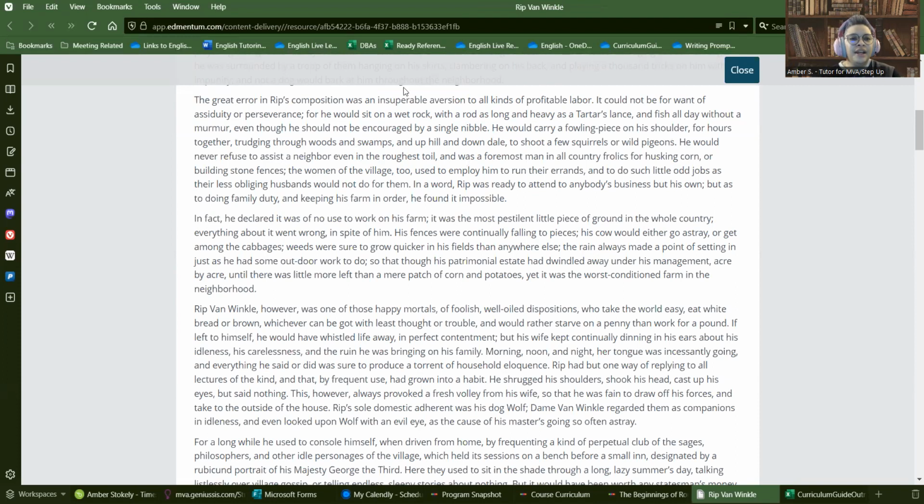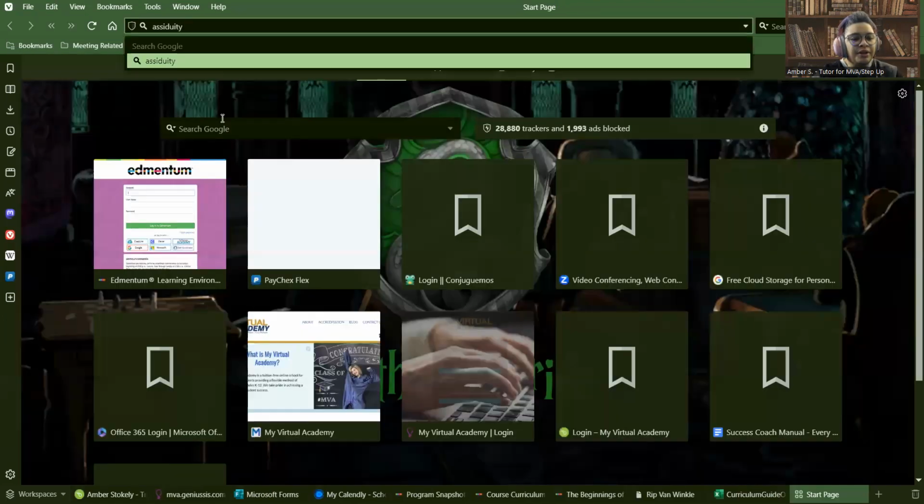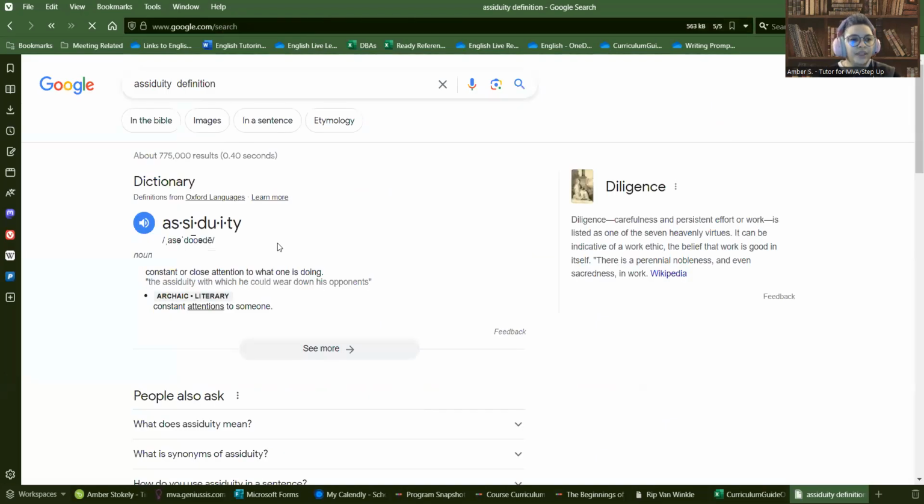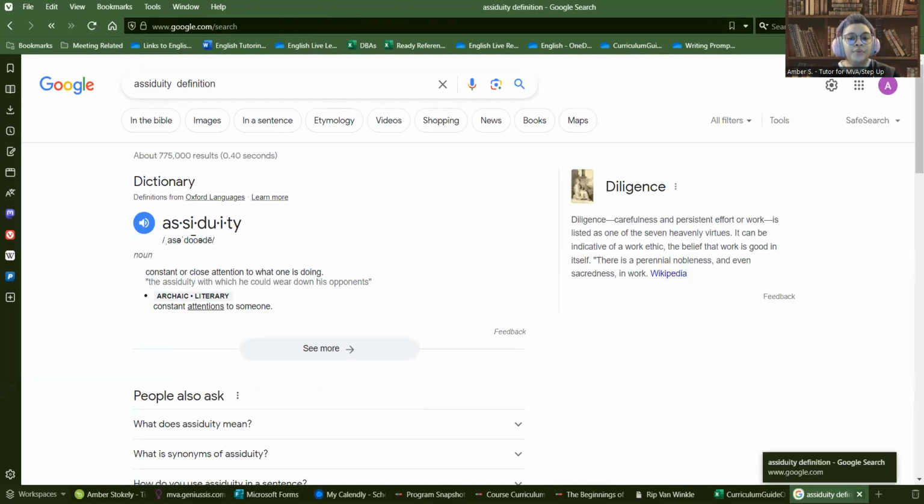It says here, "it could not be for want of assiduity or perseverance." Now, most people have heard of perseverance, when you are willing to push at something until you get through it or you achieve it. So we're going to look up assiduity just to make sure we have that definition. So assiduity says constant or close attention to what one is doing.